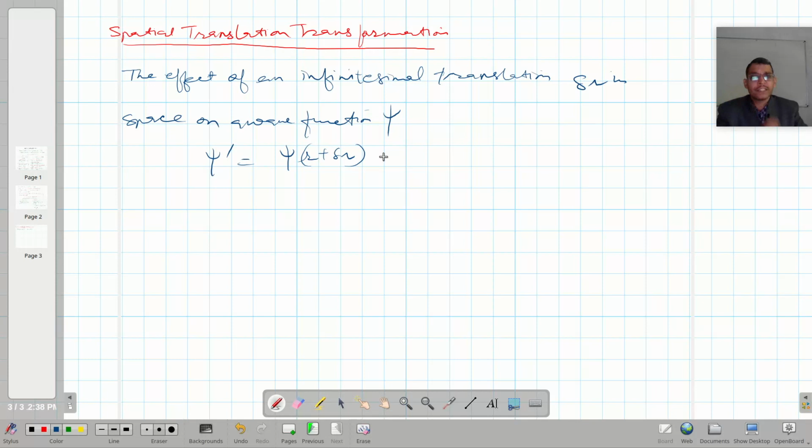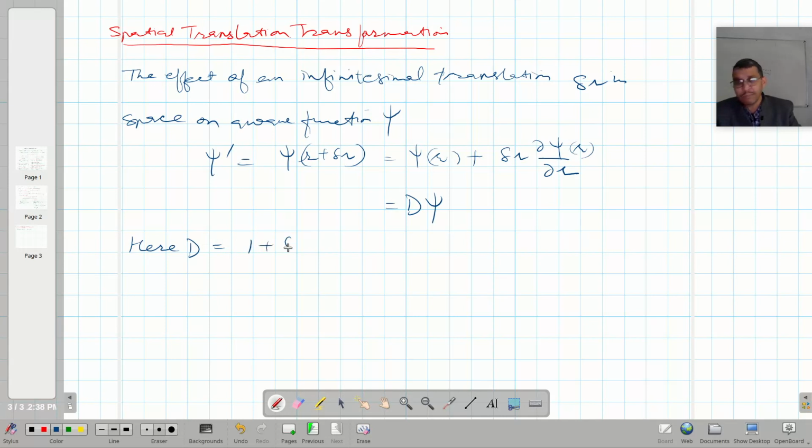So this can be written as psi of r plus delta r times the derivative of psi with respect to r, and we can write it as D psi. Here D is equal to 1 plus delta r times the derivative with respect to r. It can be written using this equation. So D is an infinitesimal space translation operator.